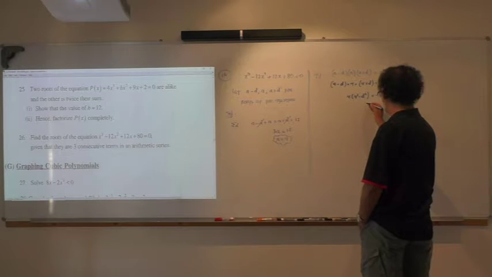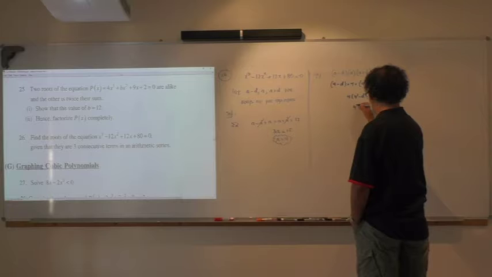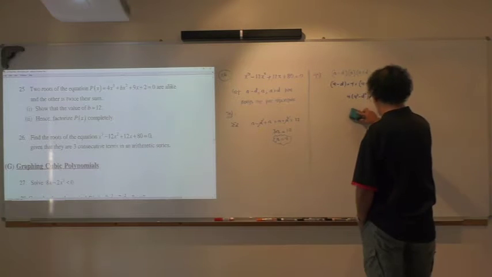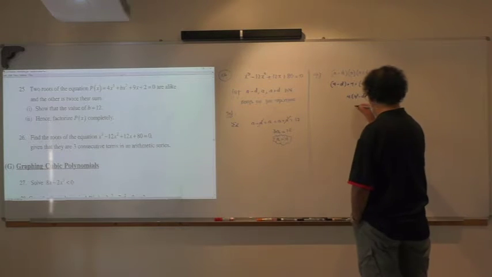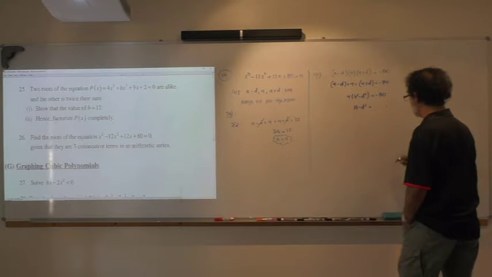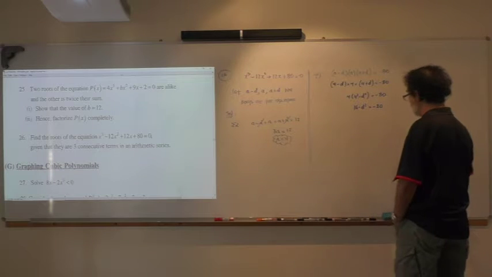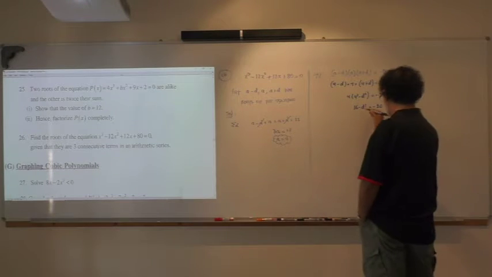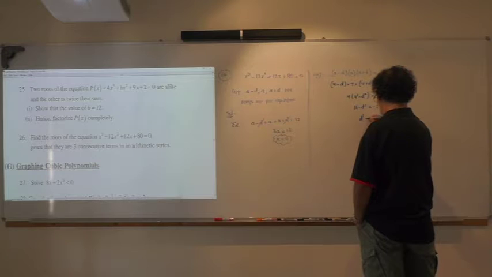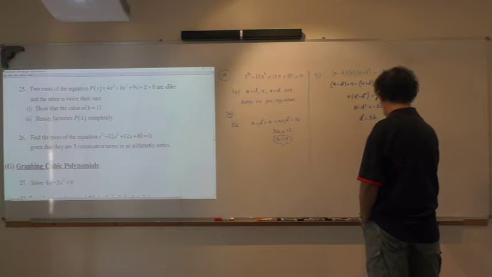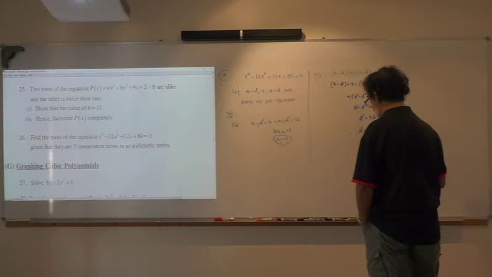Okay, and then 4 squared, which is 16, minus d squared is going to be equal to negative 80 divided by 4, which is minus 20. Okay, and then from here we're going to have that d squared is equal to 36. So therefore d is equal to plus or minus 6.